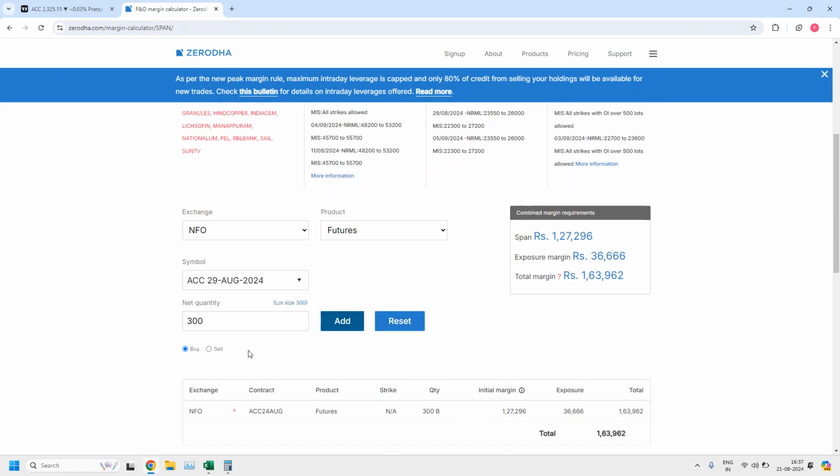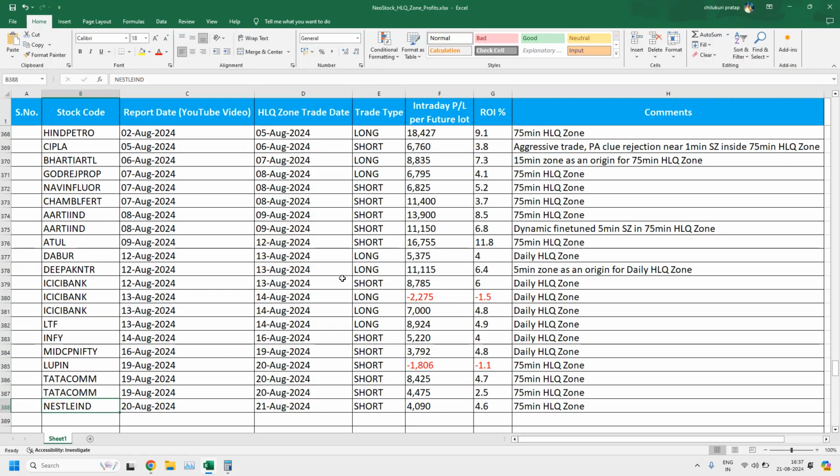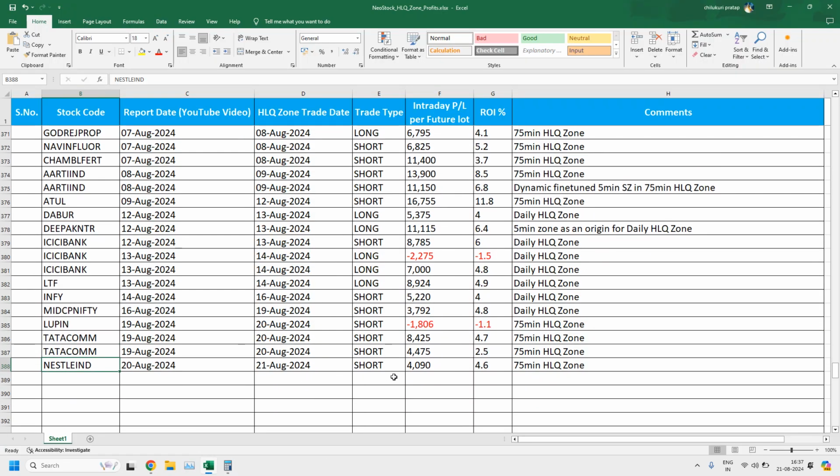So the lot size is 300. So 5,580 rupees profit. ACC.